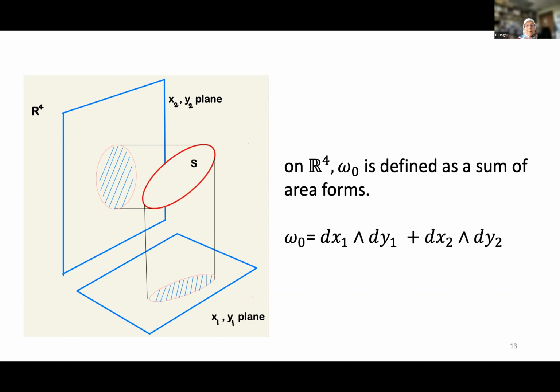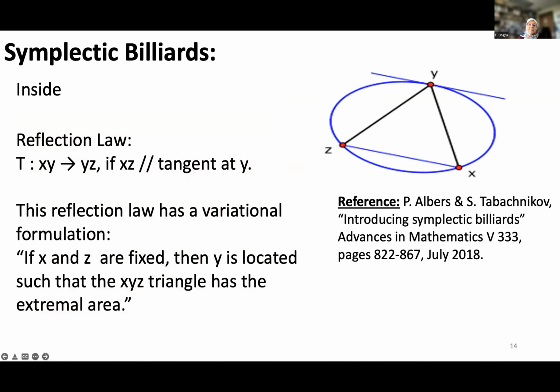Among the most recent developments, billiards have moved into this kind of geometry, and symplectic billiards are defined. Symplectic billiards are very well studied in mathematics.